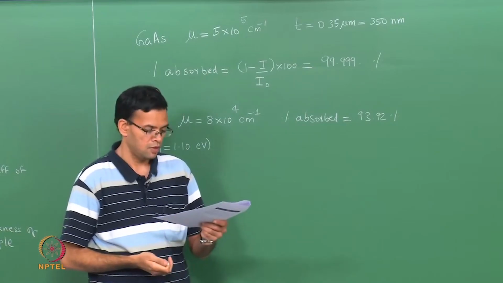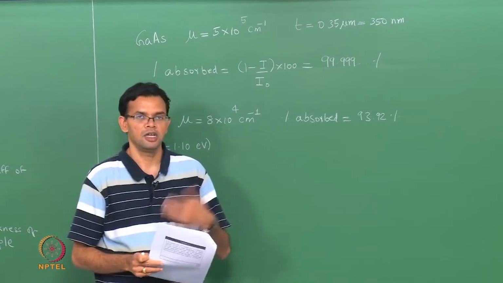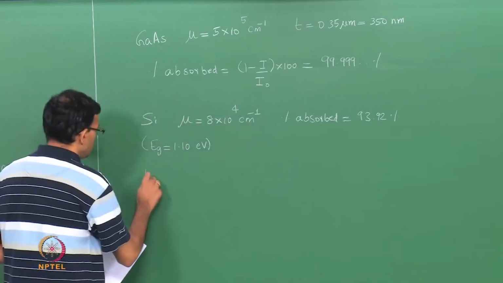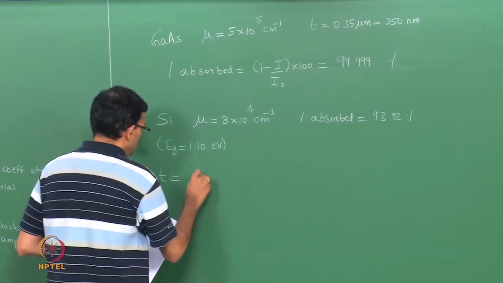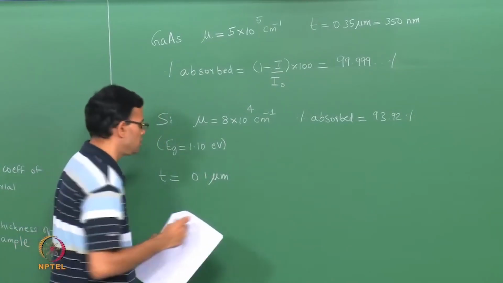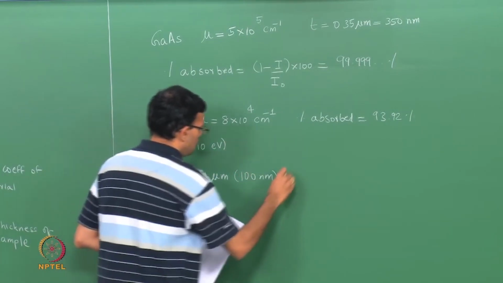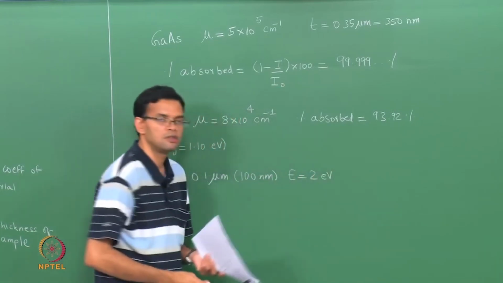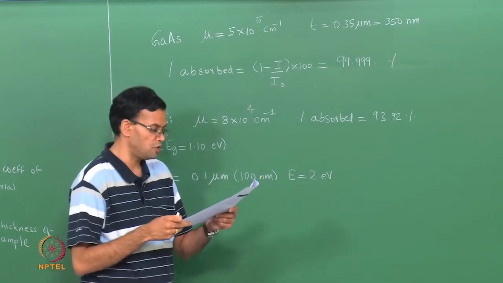So, we can actually go beyond and do some more calculations just to get a feel of this value. So, instead of 0.35 micrometers, I now reduce my thickness to 0.1 micrometers. This is approximately 100 nanometers. My energy is still 2 electron volts, so that I can use the same values for the absorption coefficient.